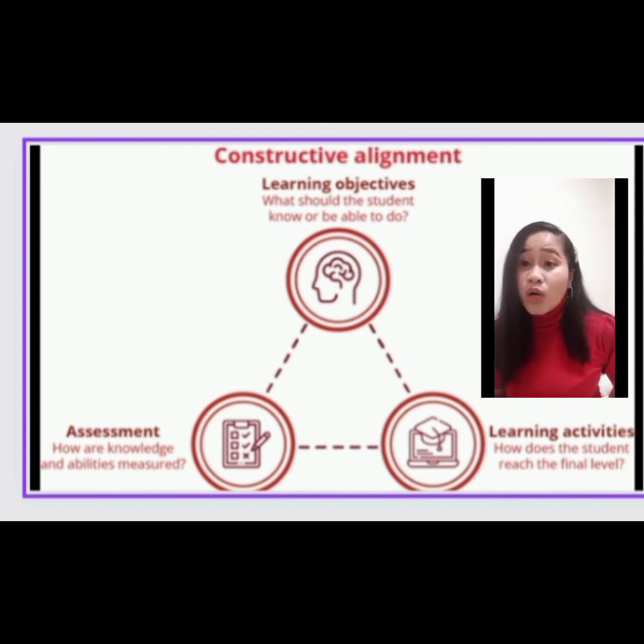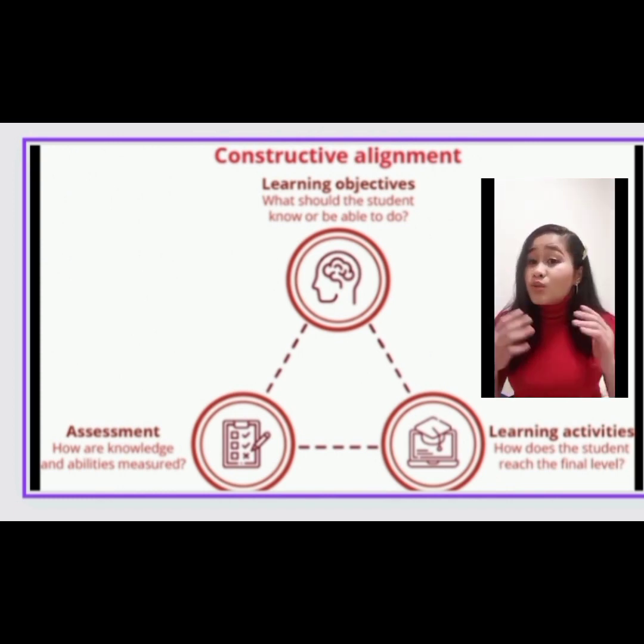So it is what you call SMART. Remember? SMART. For example, students will be able to identify and explain key concepts in biology. Just like that, very specific and very simple.